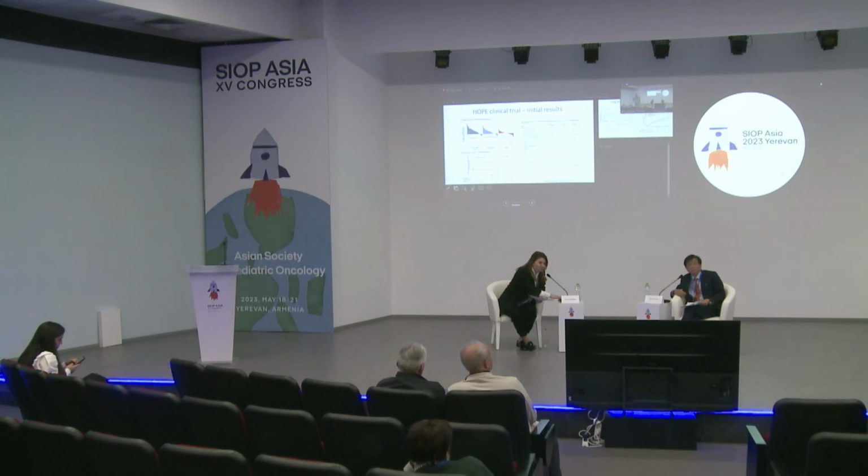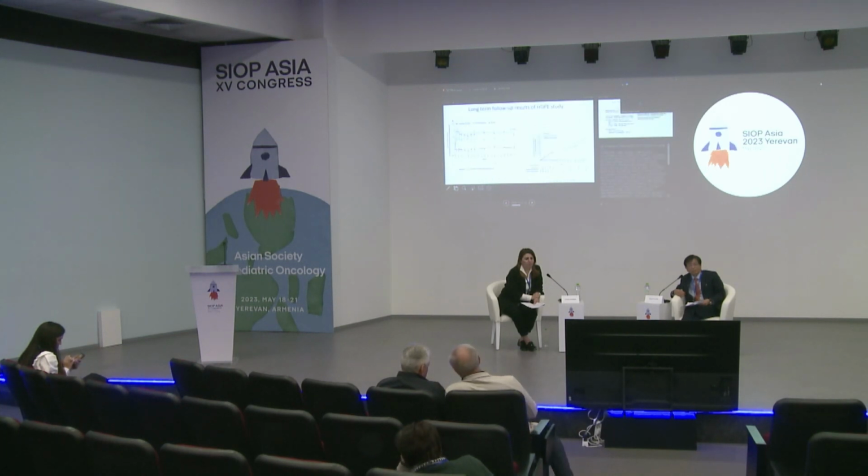Thank you. All right. So these were the early results from the HOPE trial, showing that 59% had a hemoglobin response. The response was sustained until 24 weeks of the study. And on the long-term follow-up study, it showed that the results were sustained.